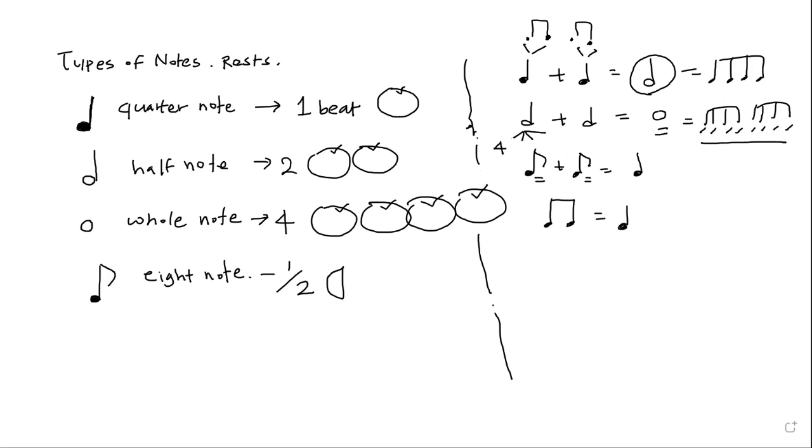notes, okay? All right, so let's talk about eighth note, okay? So an eighth note is a half beat, right? And if you add one more flag here, this is a 16th note, a 1/4 beat, okay? And you can add one more.